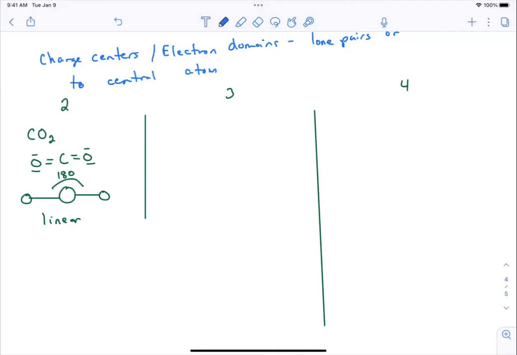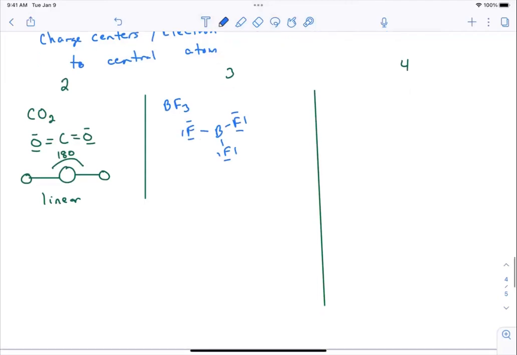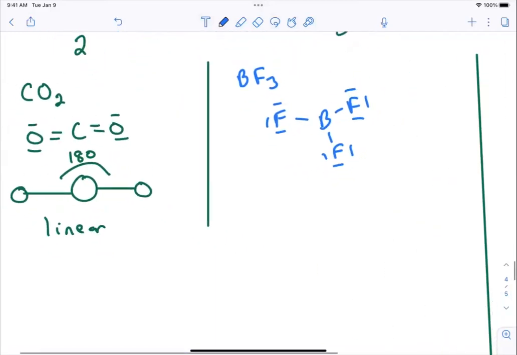Okay. Three. Let's say we have something like BF3. Notice that boron has three charge centers, or three domains, attached to it. There's three fluorines, no lone pairs on that boron.